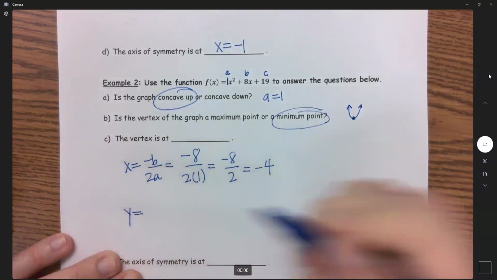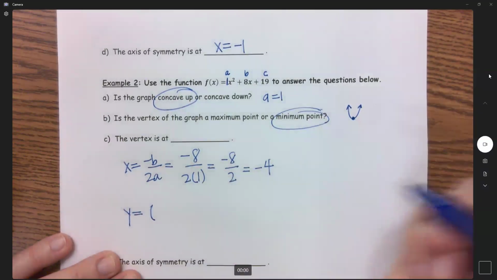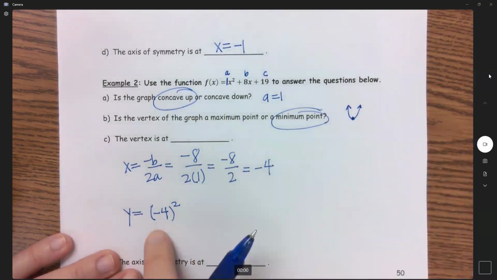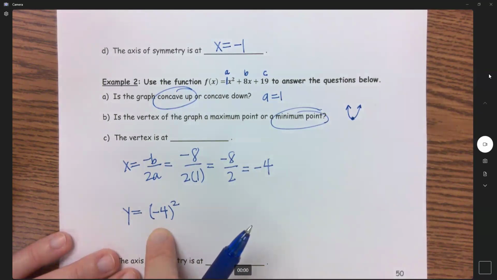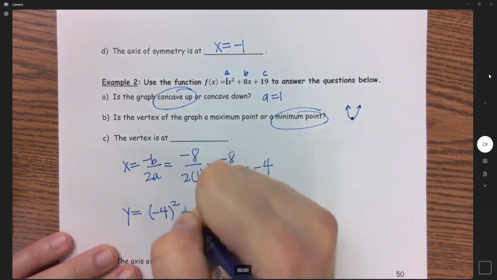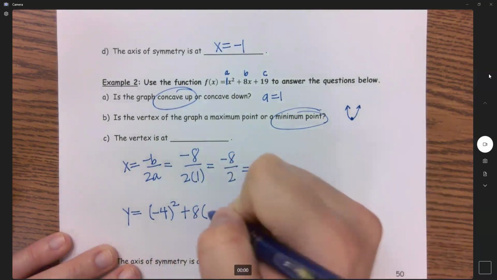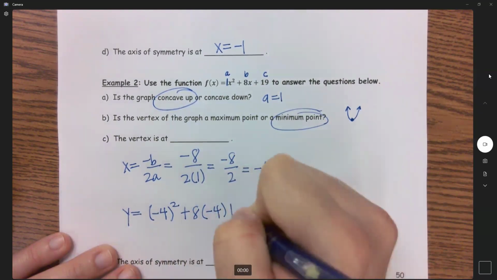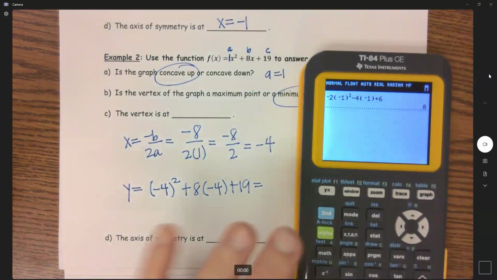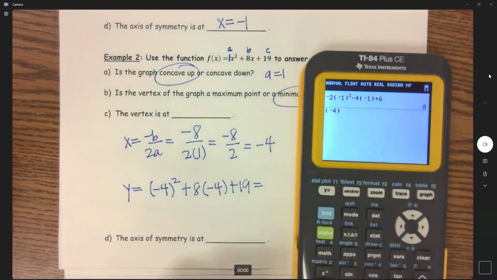So y equals negative 4 squared, and we're putting that in parentheses. That makes a huge difference. When you substitute in, please put it in parentheses. So negative 4 squared plus 8 times negative 4 plus 19. So let's see what we get.